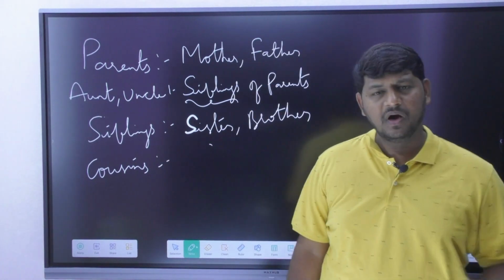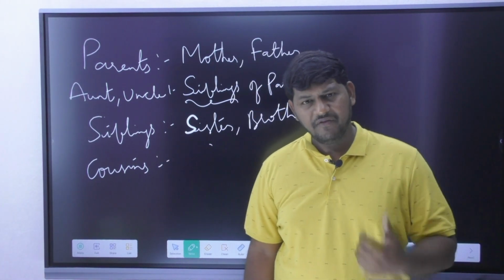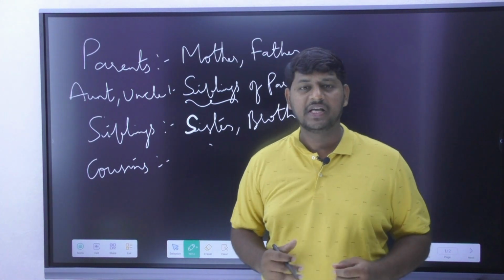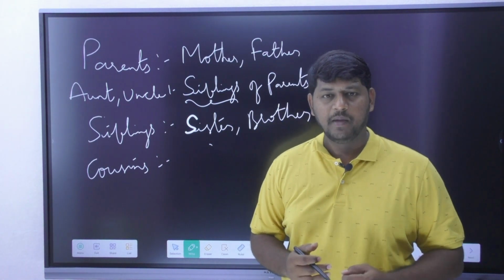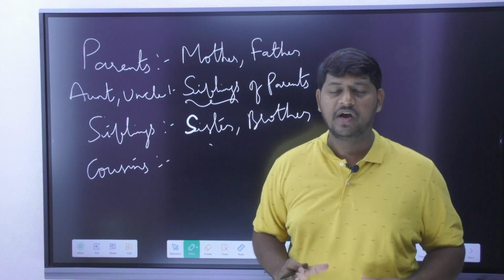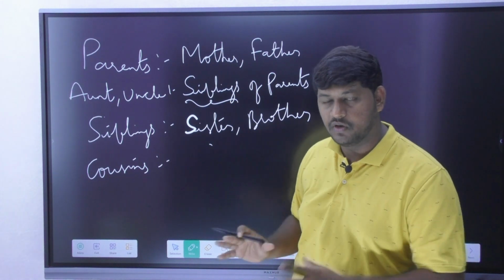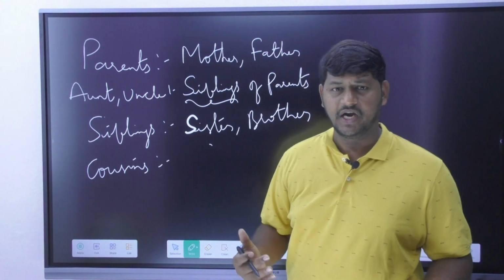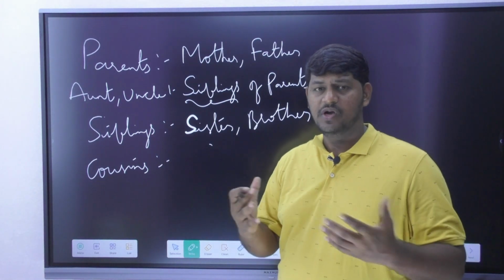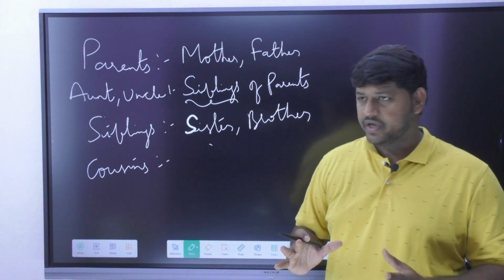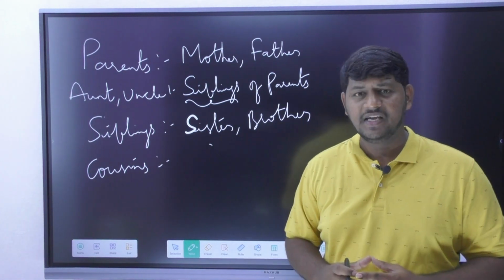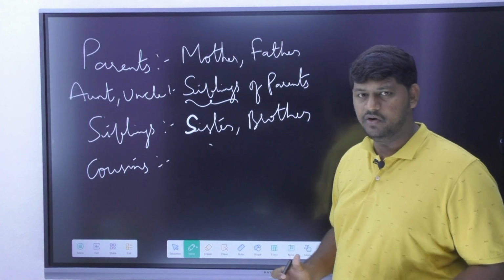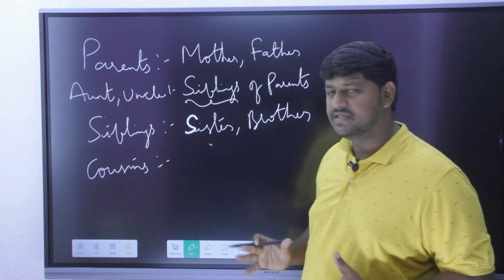Most of you are always aware of blood relations. I am trying to teach you the important keywords and the rules you have to keep in mind in order to solve all the questions. We are all familiar with our blood relations from our childhood, so I am just teaching you in a glance.